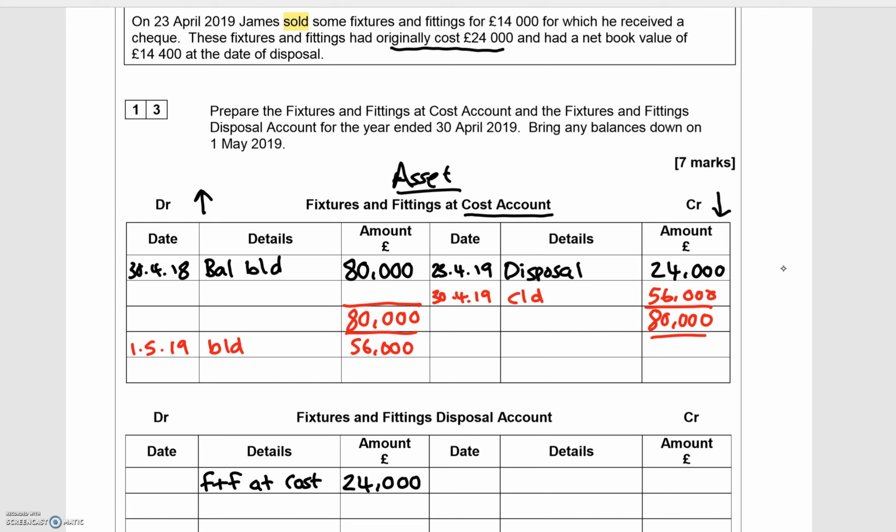The date was the 23rd of 2019. So that is just the double entry here: you've got the credit here, and then you've got the debit here.